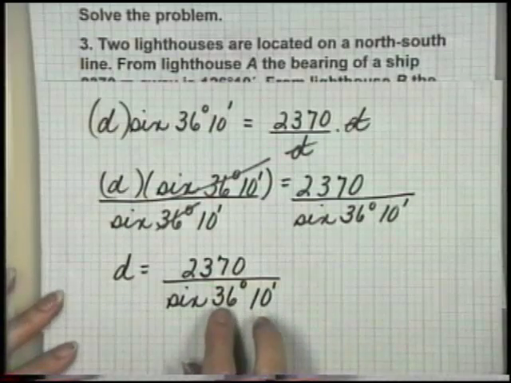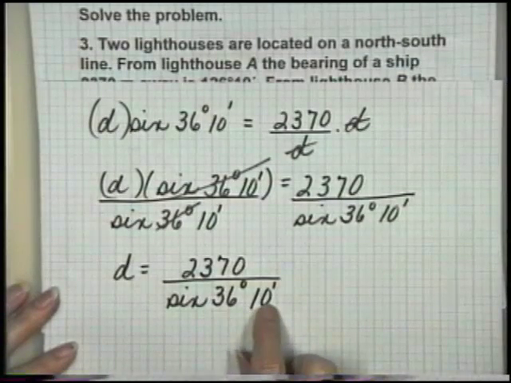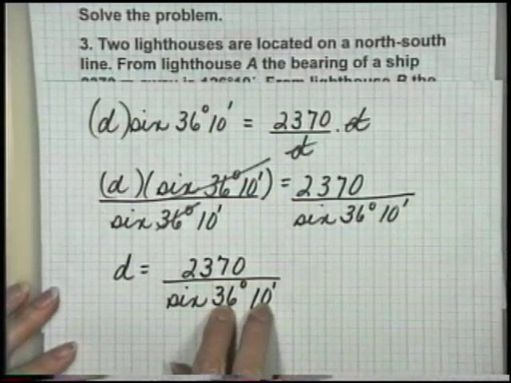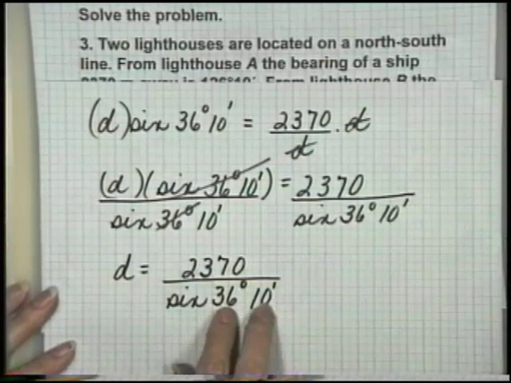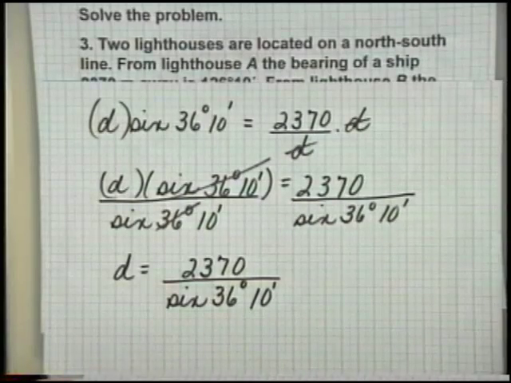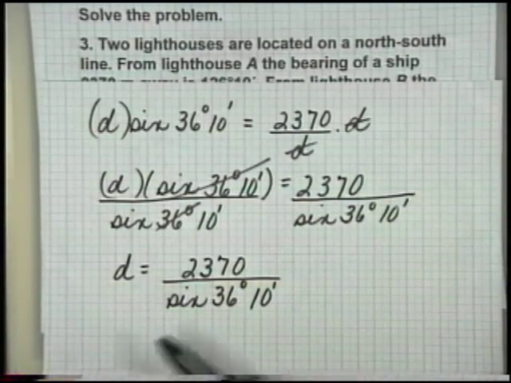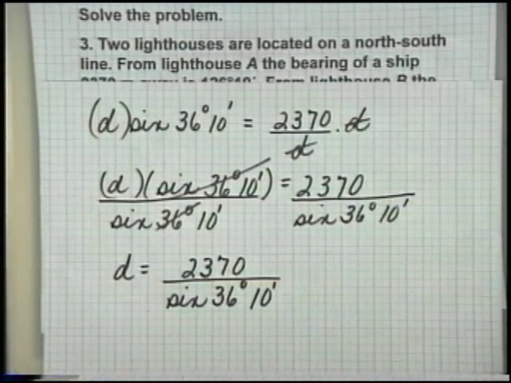Now just be careful when you calculate it, since this is 36 degrees 10 minutes, you have to put this in your calculator and convert it to decimal degrees. So be sure that you do that, and we've calculated several of these in our applications, so I'll assume that you know how to do that.